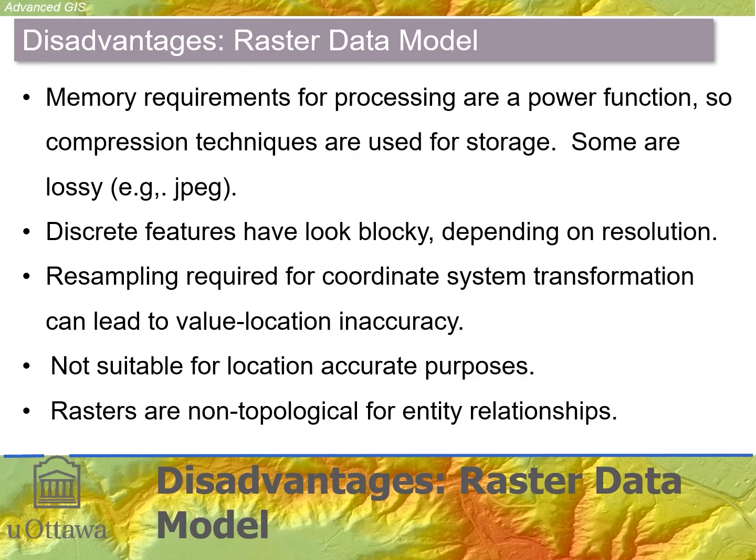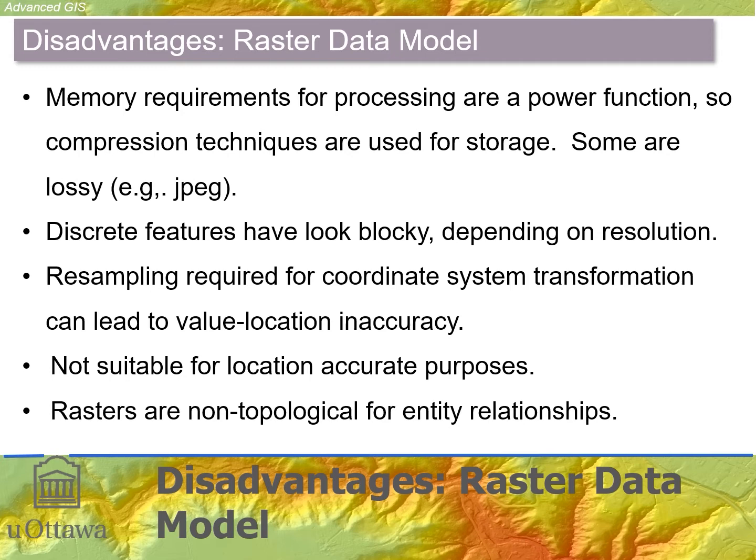So a cell that's 1 meter in size would require more than double the memory of a cell which is 2 meters in size. That means 2 by 2 when I'm talking about the linear resolution again. And this is why many raster data have to be compressed.